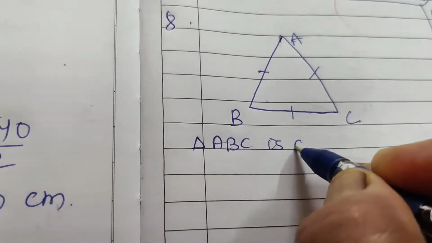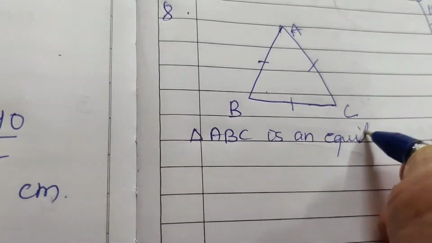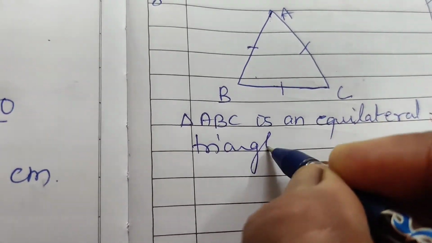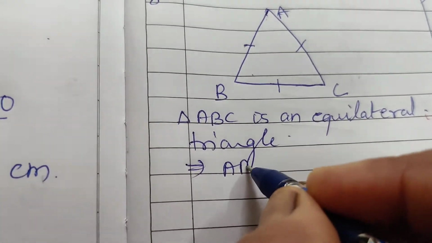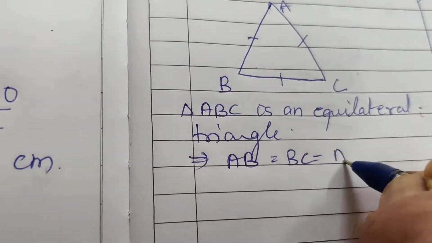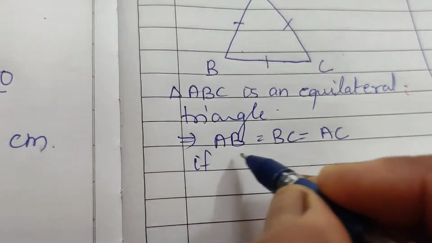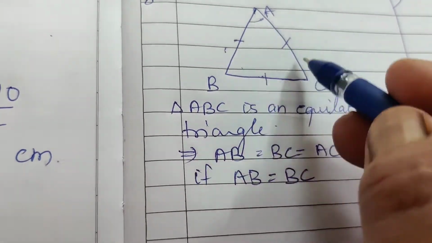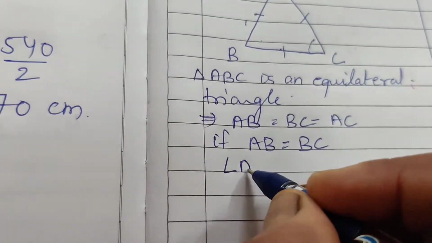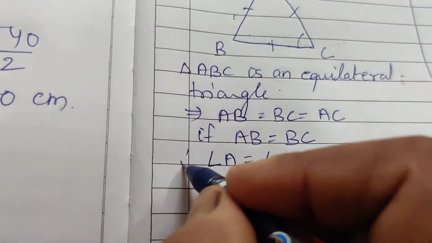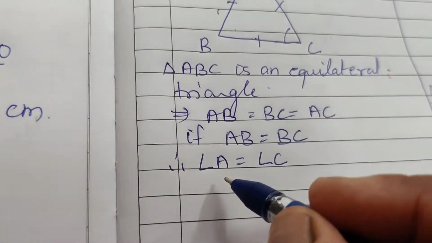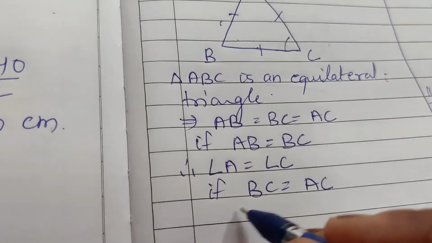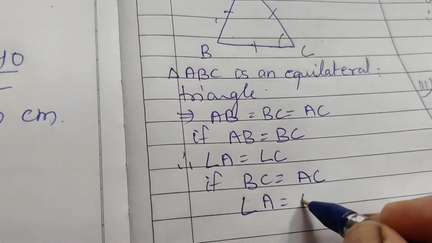If AB equal to BC, it means angle A equal to angle C by isosceles property. Next, if BC equal to AC, then angle A equal to angle B.